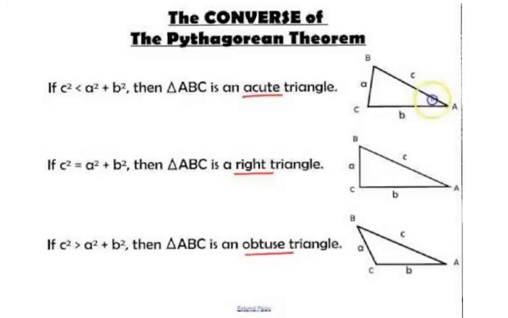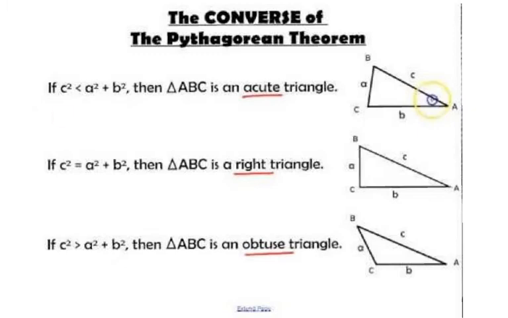The other way we can use the Pythagorean Theorem is to label a triangle either acute, right, or obtuse. And the way that we do that is we calculate C squared and then A squared plus B squared.